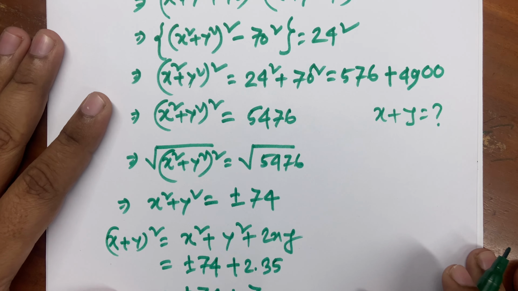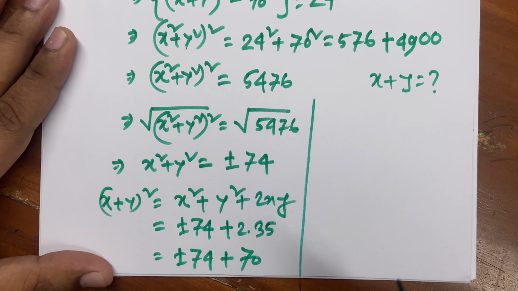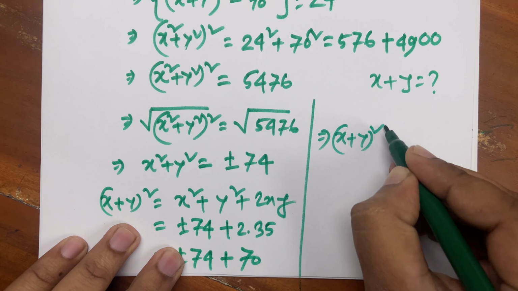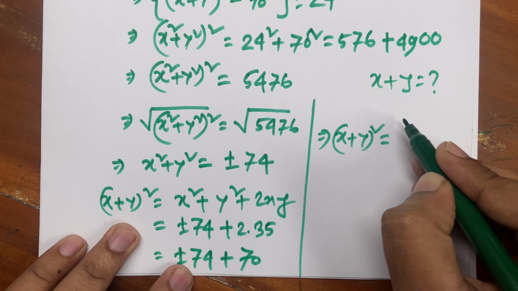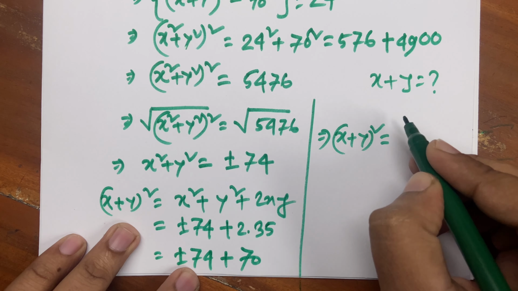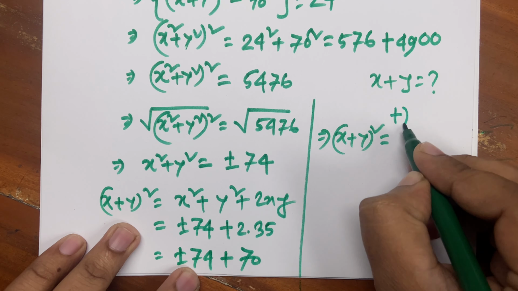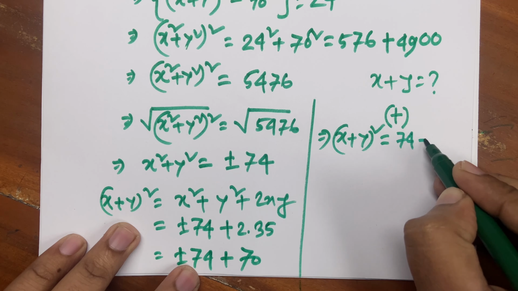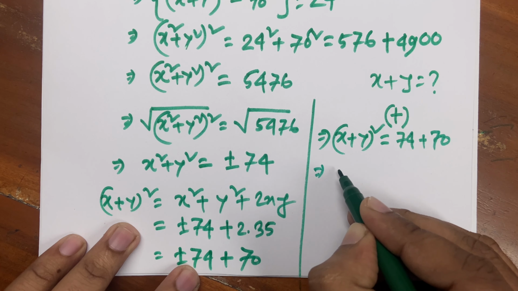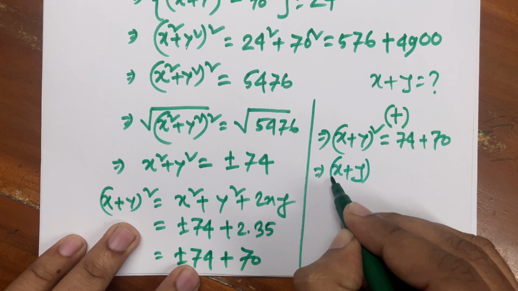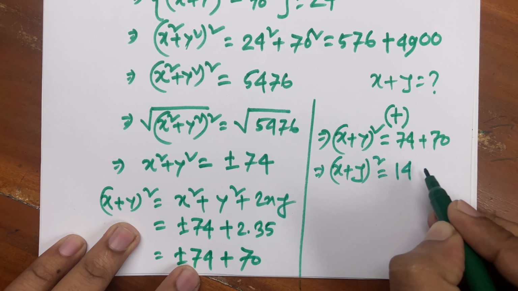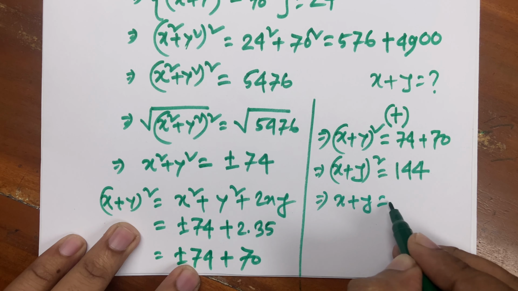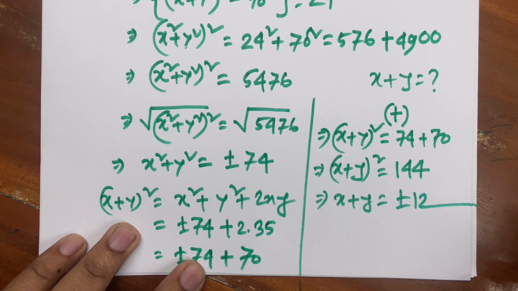Now (x plus y) whole square equal to, first of all I put the plus value. So now I can say 74 plus 70, and (x plus y) whole square equal to 144, and now I can say x plus y is equal to plus minus 12.